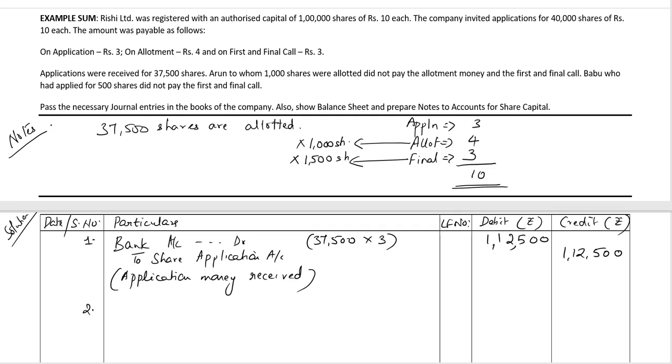The second entry is for allotment of shares. We will transfer the application money to the share capital account.